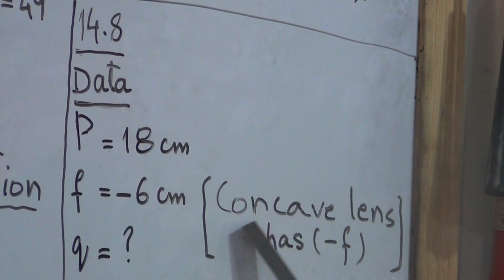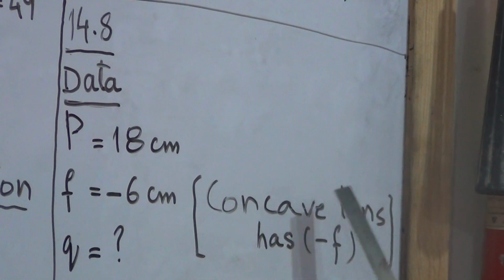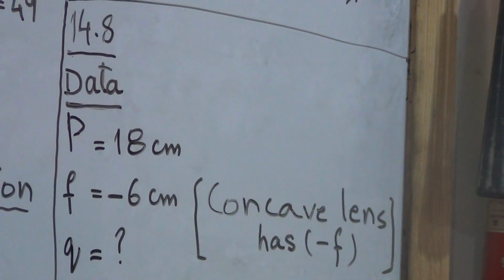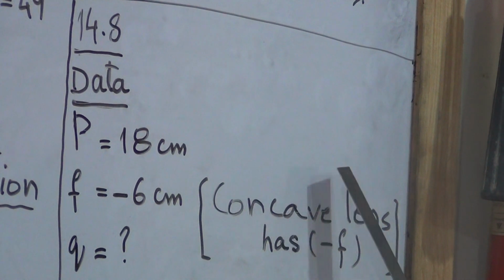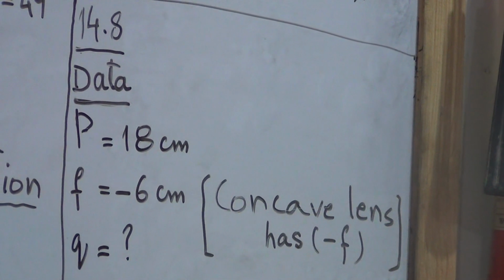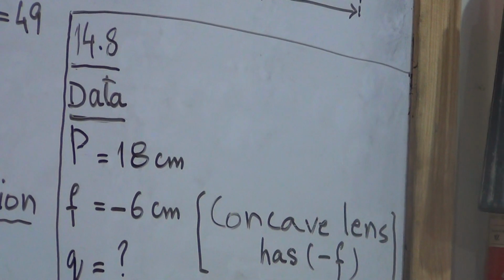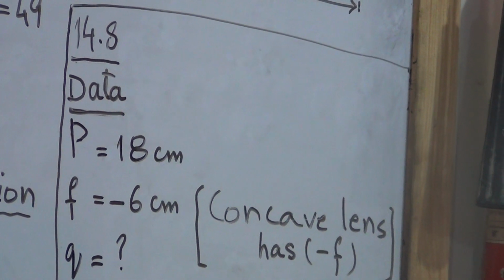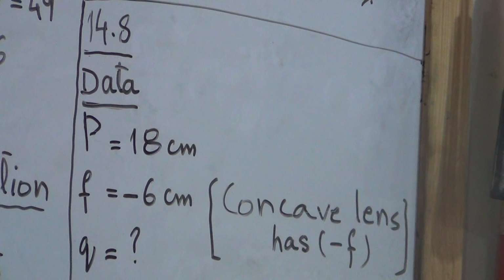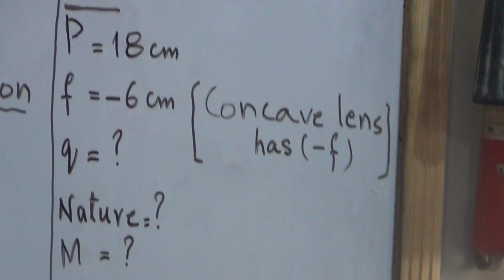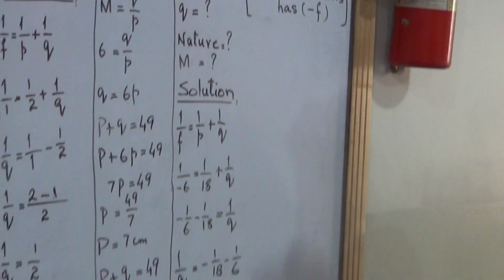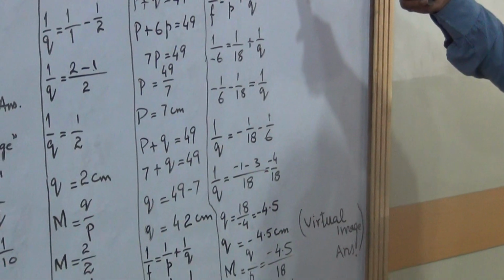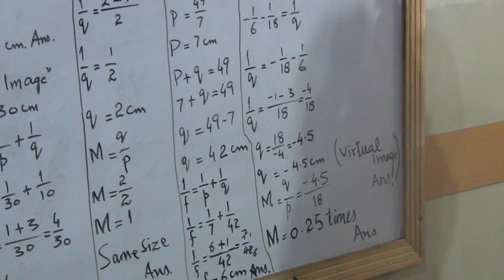You will change it into concave lens according to the answer of the book. If you do not change it and do it with the convex lens, then this answer will be 9 and this answer will be 50. So if you want the answer to be the same as the book, then you will change this lens. This is concave lens.